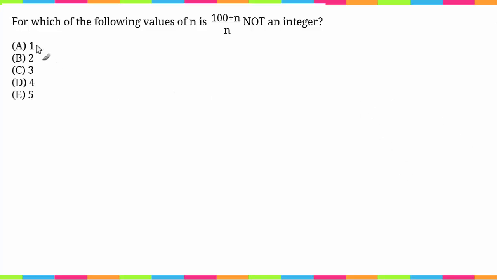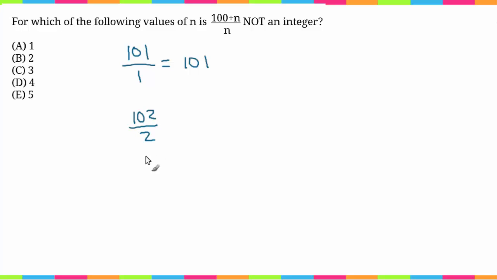Looking at the first answer choice, we have the number 1. If we plug that in for n, we would get 101 over 1, which is just equal to 101, which is an integer. Let's take a look at the second answer choice. That would give us 102 over 2.